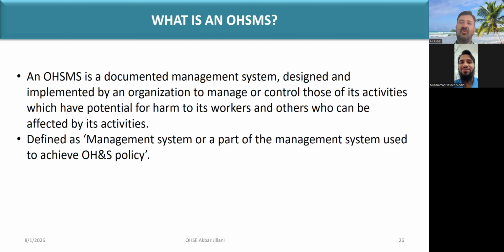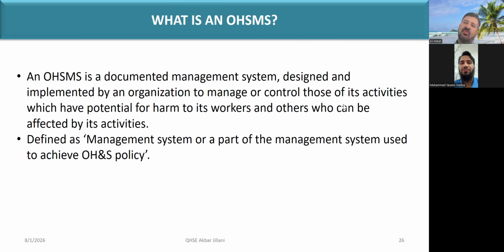So if you go for the interview, they will ask you, what is a management system? A management system is the combination of policies, objectives, and procedures. Clear? Yes, sir. As per the scope of the organization.